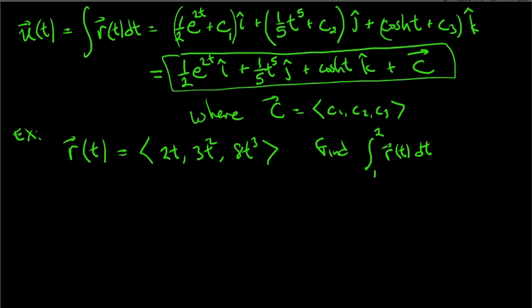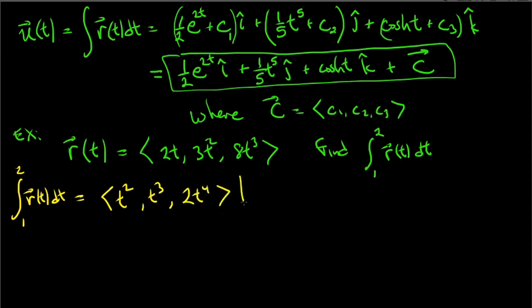So let's work this out. This is just going to be from 1 to 2. So let's do the fundamental theorem of calculus. The indefinite integral will just be t squared, t cubed, and then 2t to the 4th. And by the fundamental theorem of calculus, we just plug in the 1 and the 2 and then subtract.